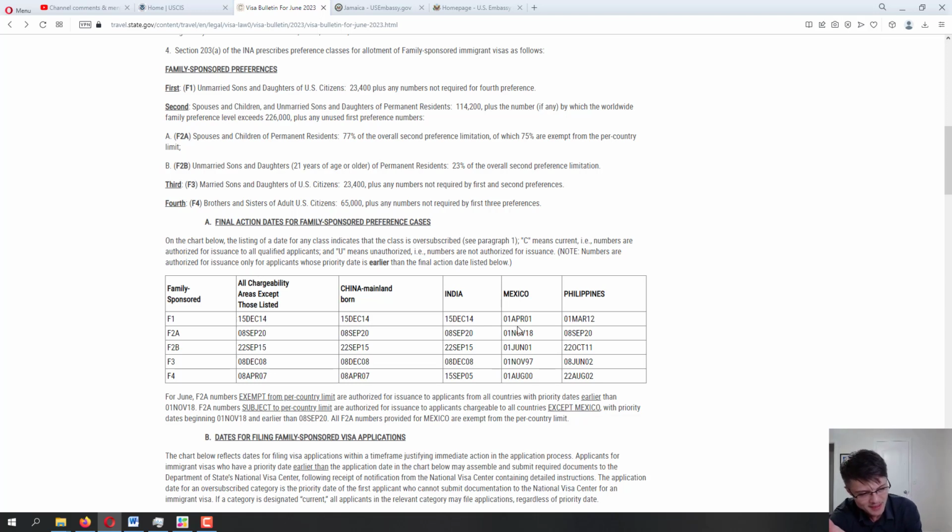Why are we limiting these visas? Why? It's only beneficial to the United States. It's legal immigrants entering the United States who've been through background checks, who've been through all these medical checks. They don't have any criminal background, nothing. They're paying the fees. As soon as they enter the country, they already have the permanent resident card.